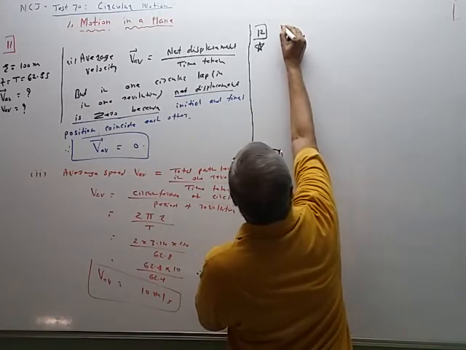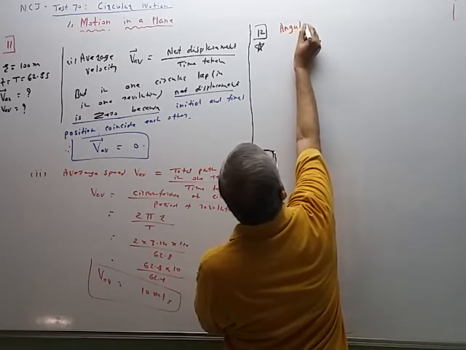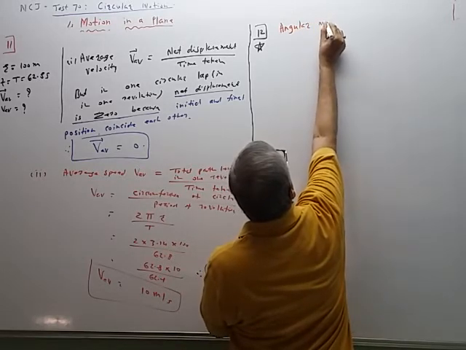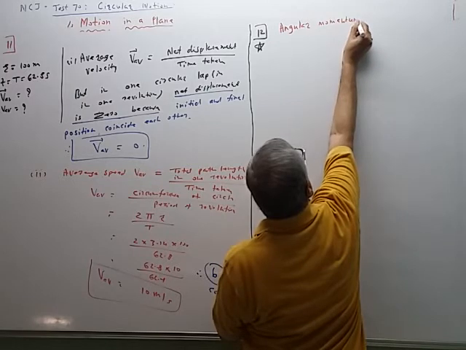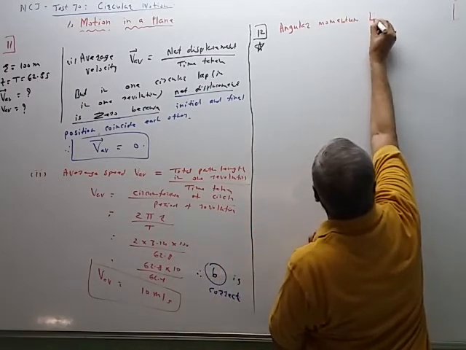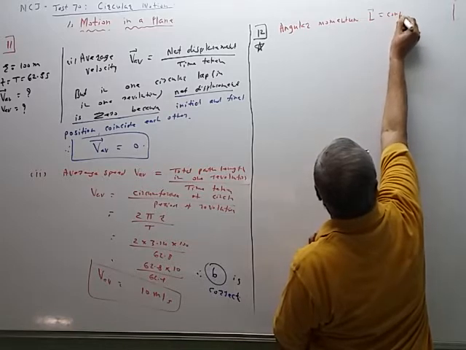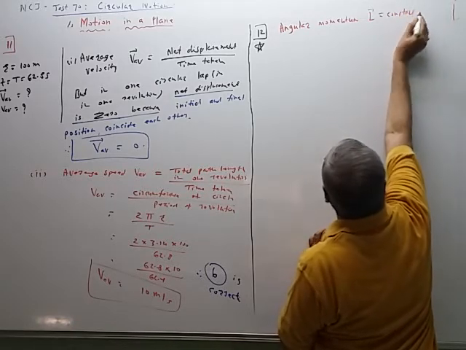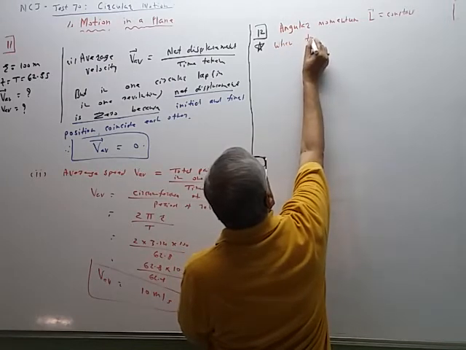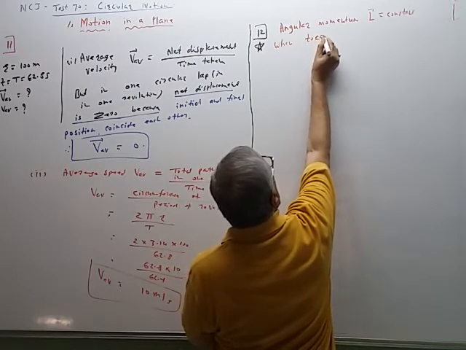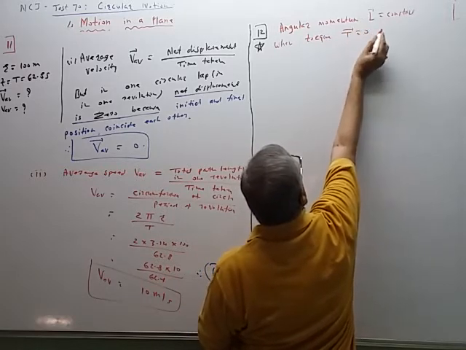So angular momentum L is a constant when torque T is equal to 0.